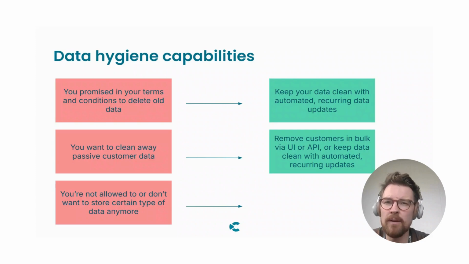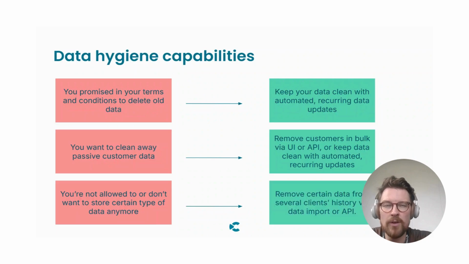And then maybe the most specific one is that maybe you're not allowed or don't want to store certain kind of data anymore in your customer base. So what you can do is that over manual data import or over the API, you can remove certain kind of data from a single client or from the timeline or history of several clients.